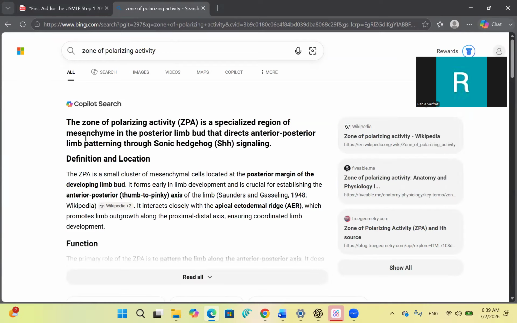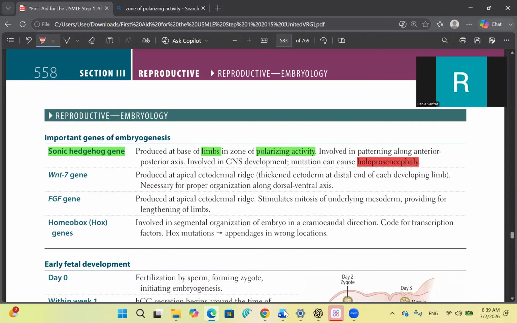So it is a region of mesenchyme in the posterior limb bud that directs anterior posterior limb patterning, and the anterior posterior axis involves the sonic hedgehog gene. It is involved in CNS development as well, and mutation can cause holoprosencephaly.